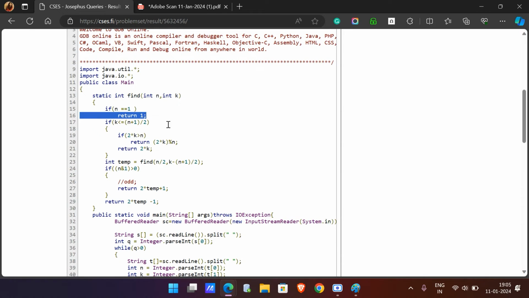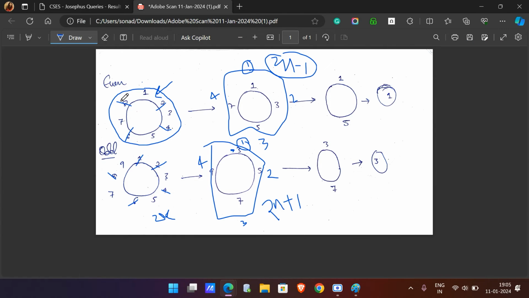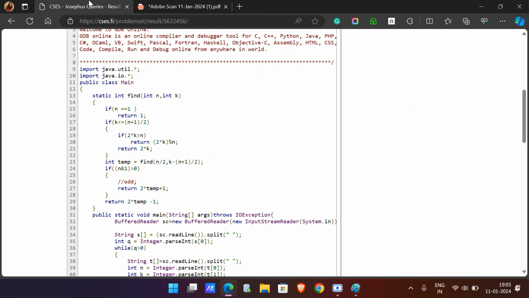Then we check if k is less than or equal to (n plus 1) by 2, and I check if 2 into k is exceeding n. If it is, then I need to modulo with n. If not, then I can simply return 2 into k. Then I call the function again, where n is reduced by half. We can see that 8 got reduced to 4 and 9 got reduced to 4 again. So 9 by 2, 8 by 2. For even and odd cases, both are the same: it's n by 2.